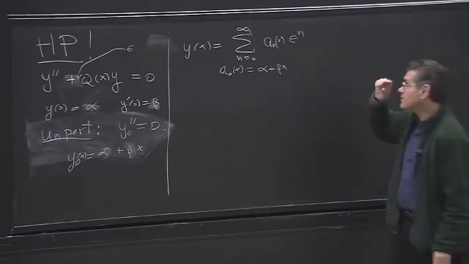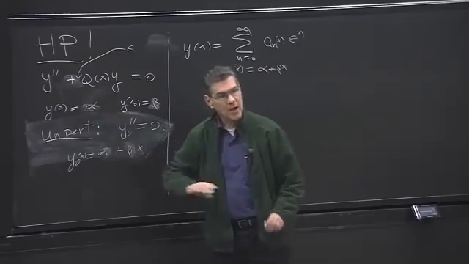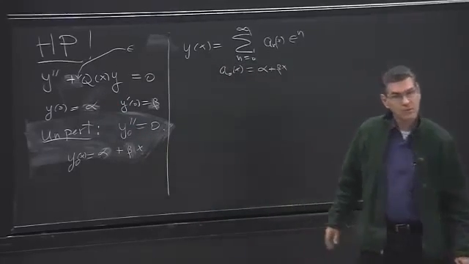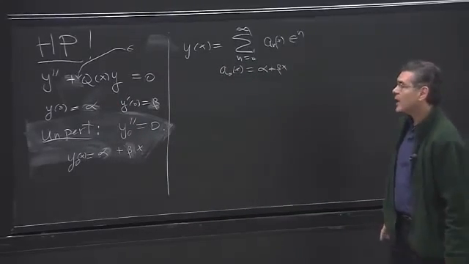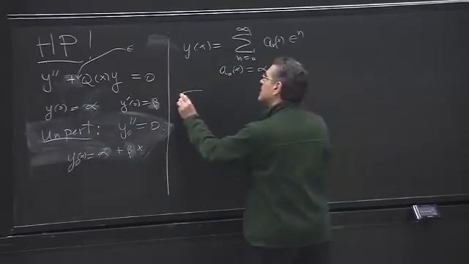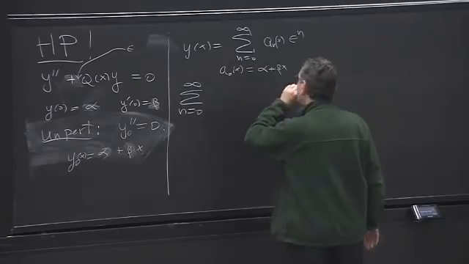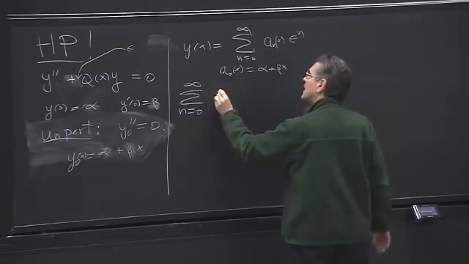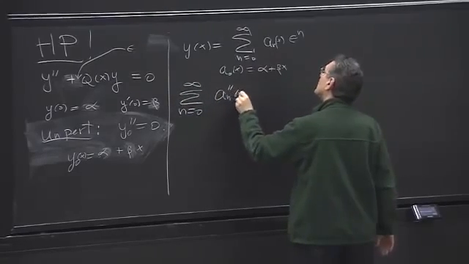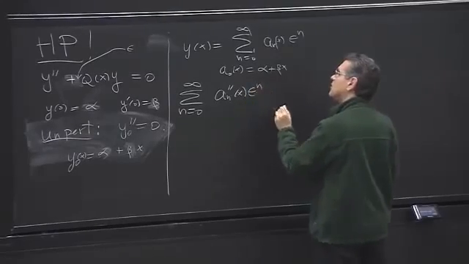So now, let's take this y of x and plug it into this equation and just proceed. The first term in the equation is two derivatives. So that gives me the sum from n equals 0 to infinity a n prime prime of x times epsilon to the n.